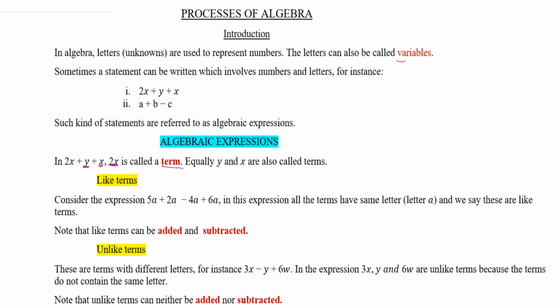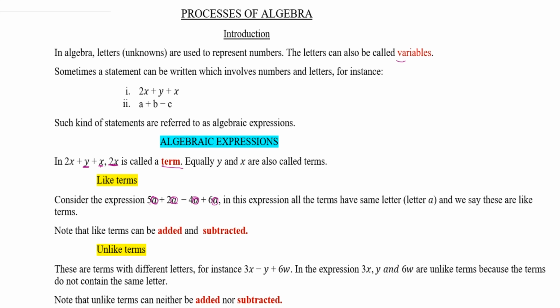Alright, from there we can look at like terms. If we consider the expression 5a plus 2a minus 4a plus 6a, in here we can see that there is a common letter, which is a. There is a there, there is also a here, a on 4 and a on 6.